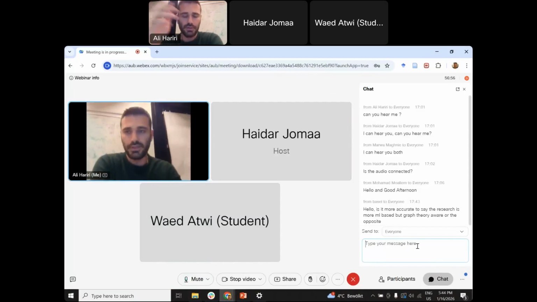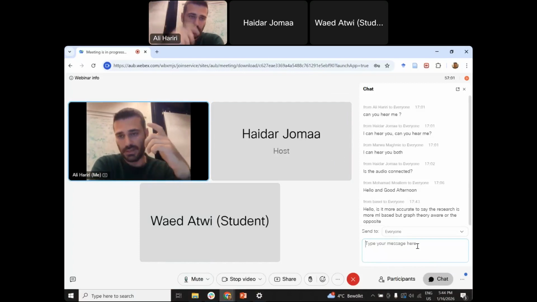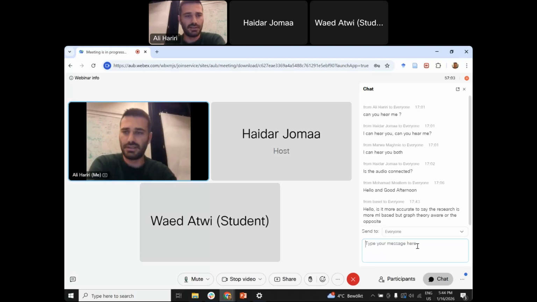Look, it definitely is machine learning based, but it is somehow graph theory aware. Graph theory is more used when you are given a graph and you want to, let's say, visualize the distribution of the connections.